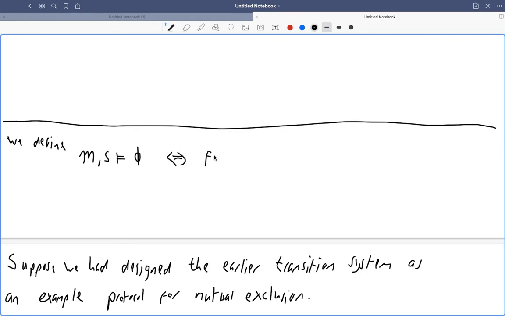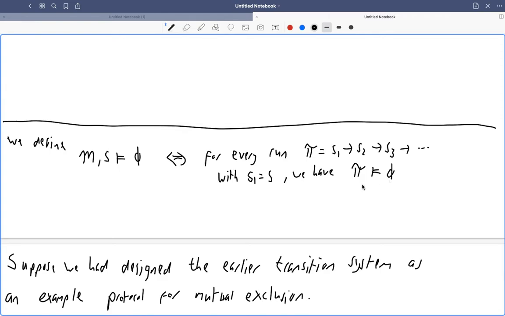This holds if for every run pi equals S1, S2, S3, and so on, with S1 equals S, we have that pi satisfies phi. So this notation means every run through M from start state S satisfies phi.